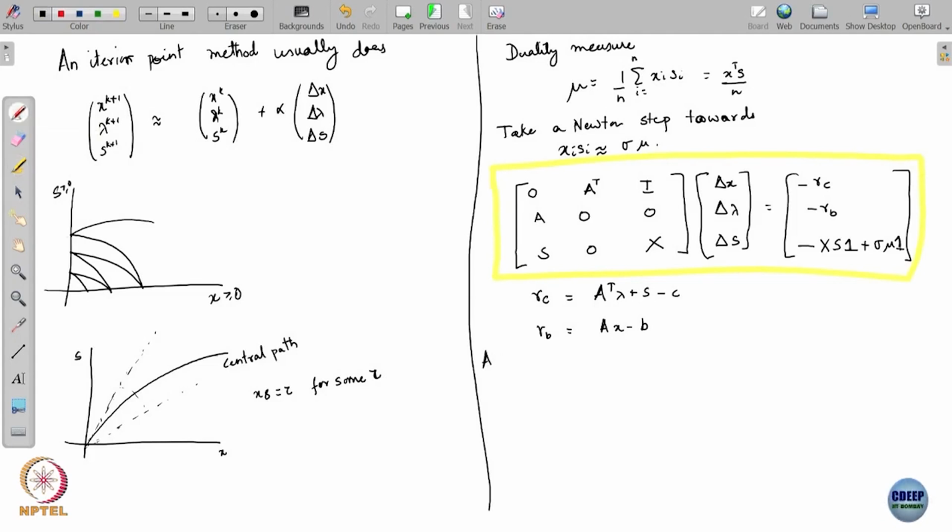So, the algorithm then is that: initialize your x0, lambda 0, s0 such that all the components of x0 and s0 are greater than 0. Now, for k equal to 0, 1, 2, and so on, you solve the following.